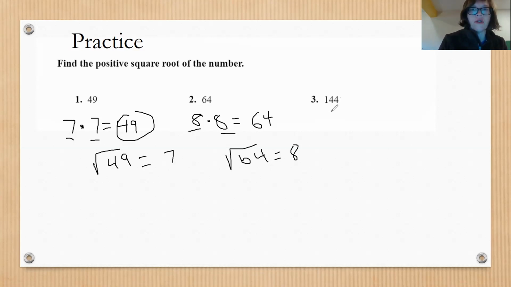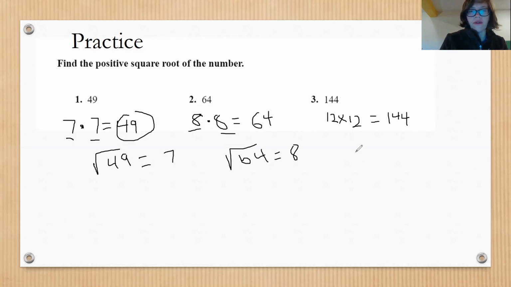All right, so 144, I remember my multiplication facts. So I remember that 12 times 12 gives me 144, right?